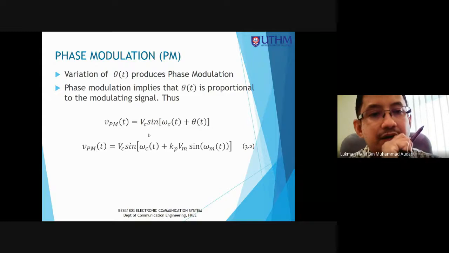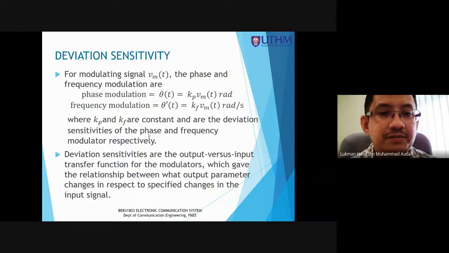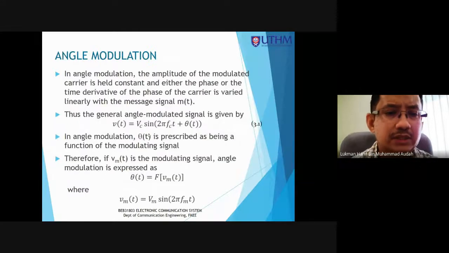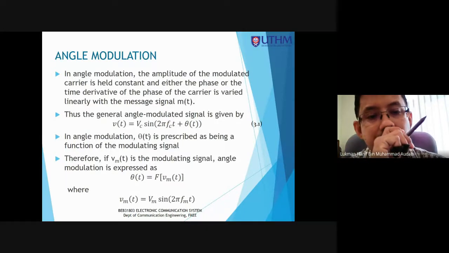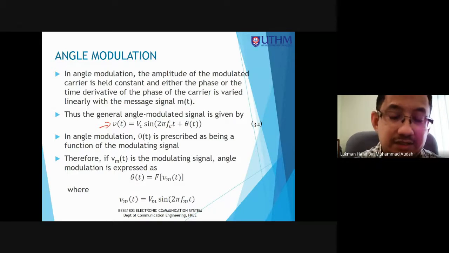If you remember, the general equation for angle modulation is defined as v(t) equal to Vc sine 2 pi fct plus theta t.